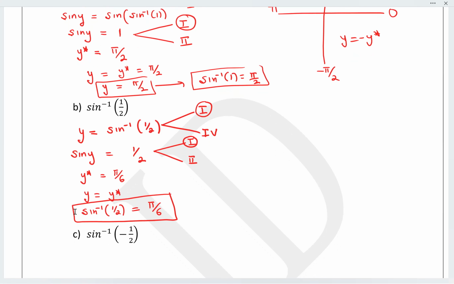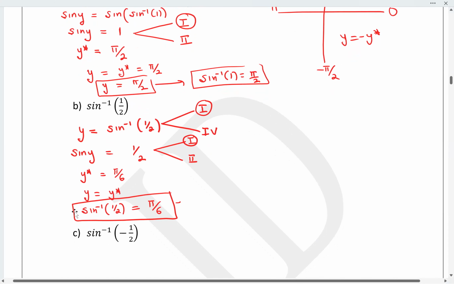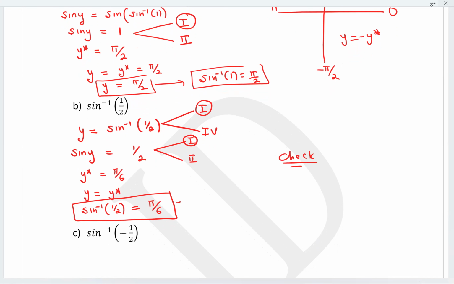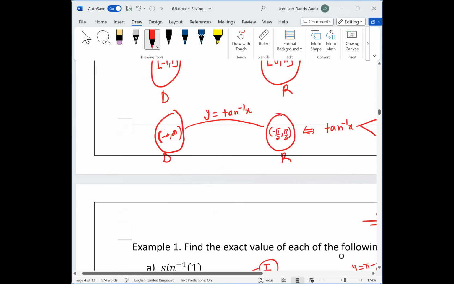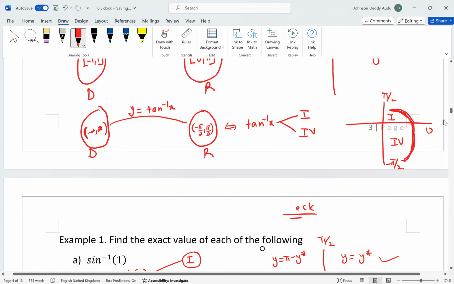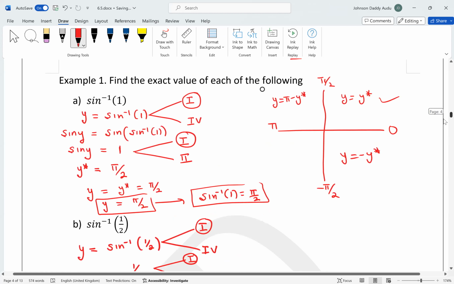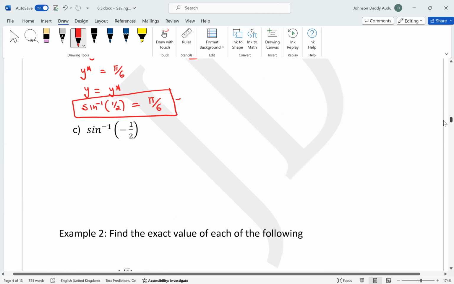All right. Now, how do you check whether your solution is correct? Look at what we're seeing. This is checking now. To check this, we just need to take the values of sine and see if we will get back to 1 over 2. So what I mean by checking is this one.